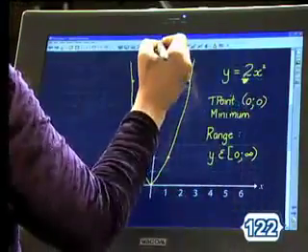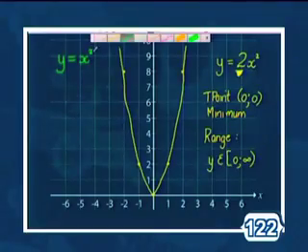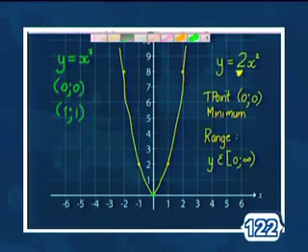Now, while we're on this slide, I just want to show you that if we had drawn y equals plain x squared, it would also have gone through 0, 0, but it would have gone through the point 1, 1. If I inject a 1 in there, out will pop a 1, and it would go through minus 1, 1. All right?